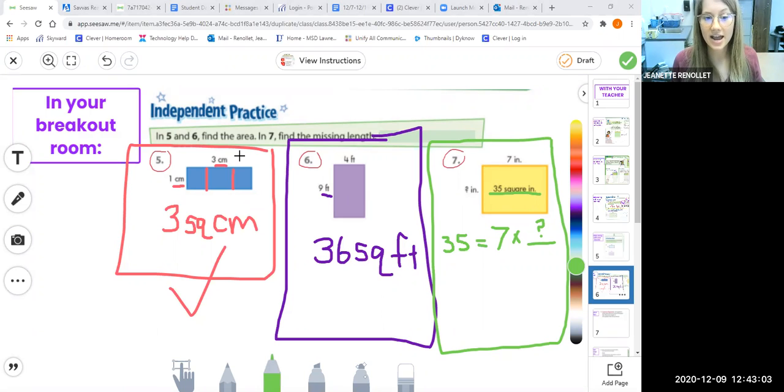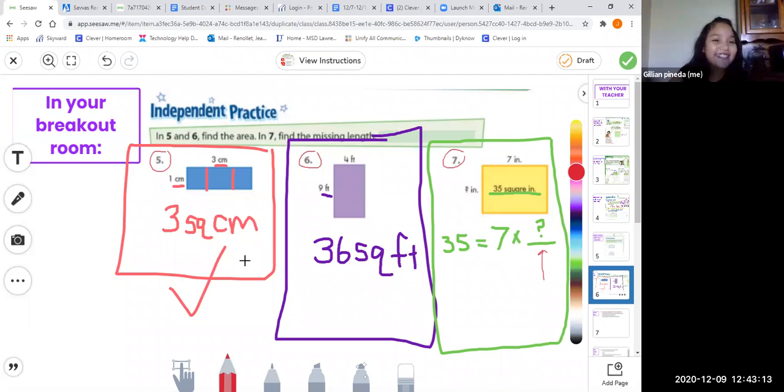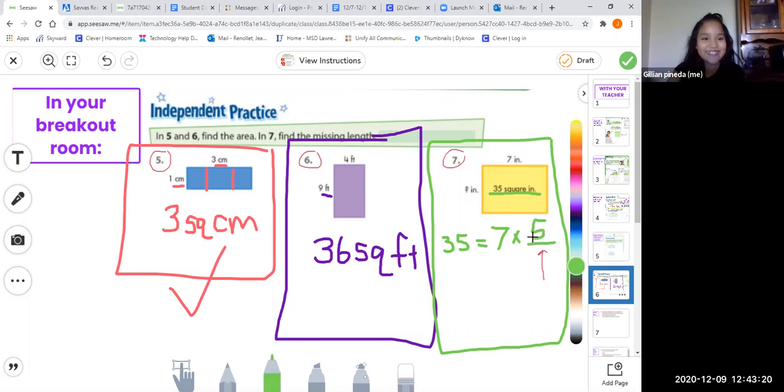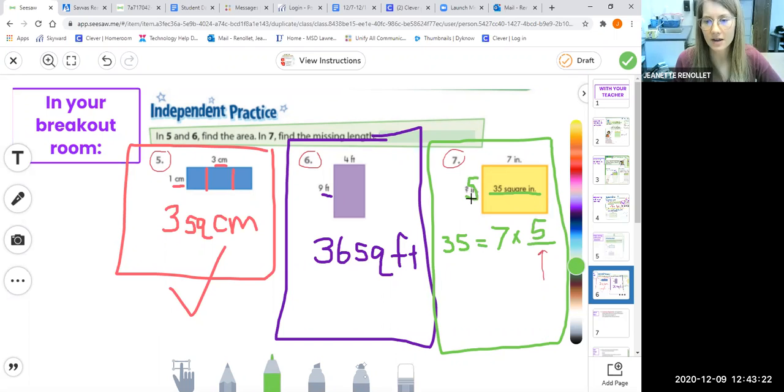Jillian again? Jillian is on a roll today. Jillian, what would be the missing number? Go ahead. 5. 7 times 5 equals 35. So the width is 5 inches. Awesome. Man, Jillian did 2 share outs today. Crushing it.